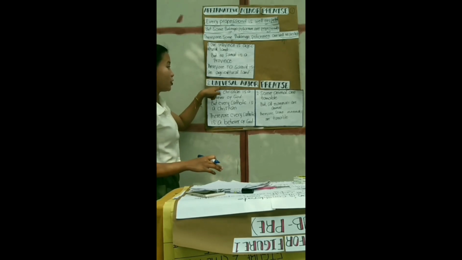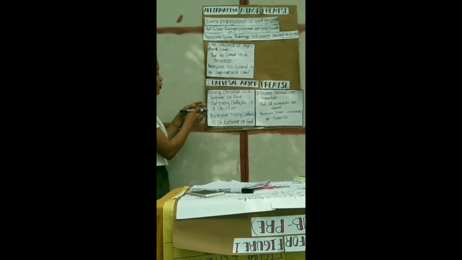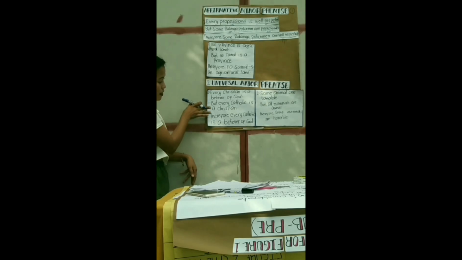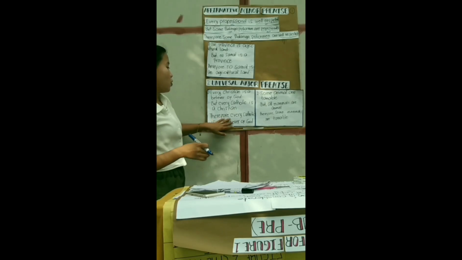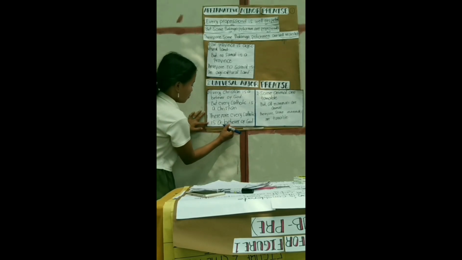Pero ito yung sinunod natin na rule. Another one, itong first na ito is first premises, second premises, and conclusion. So, dito, sa conclusion natin, ang predicate natin is ito.